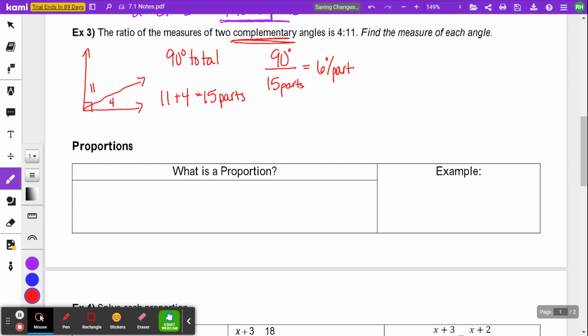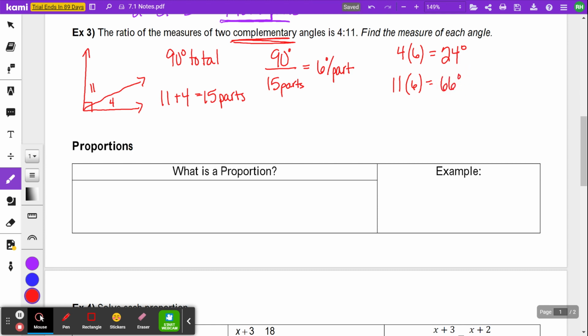Now, if each part is 6 degrees, then my first angle is 4 parts times 6 degrees for each one, which gives me 24 degrees. My second angle is bigger. It's 11 parts, 6 degrees for each one gives me 66 degrees.